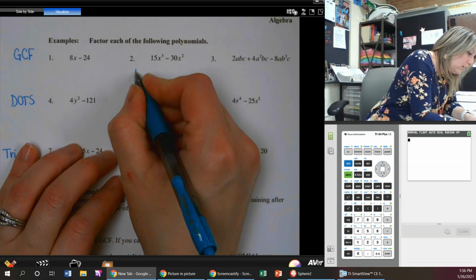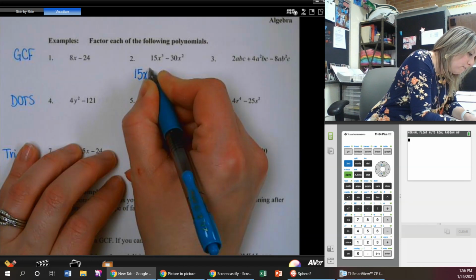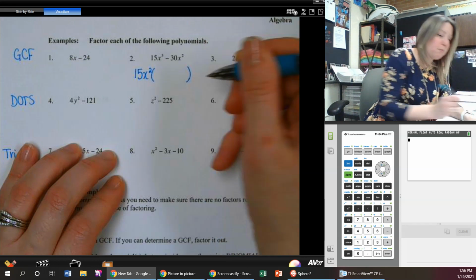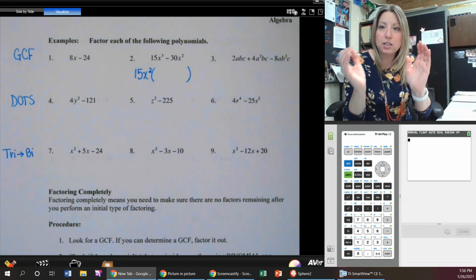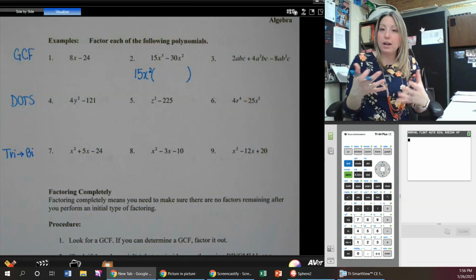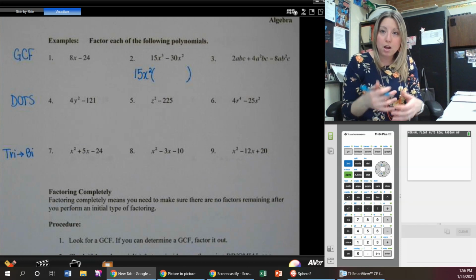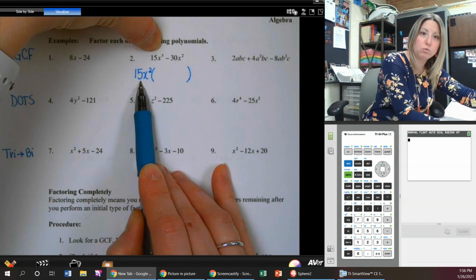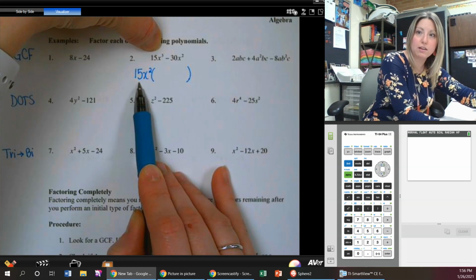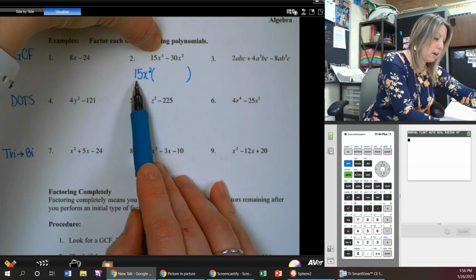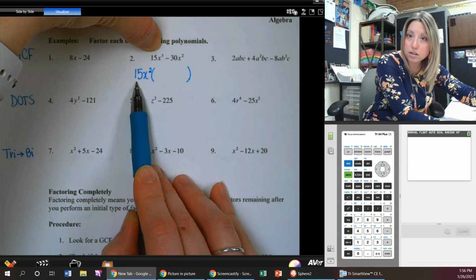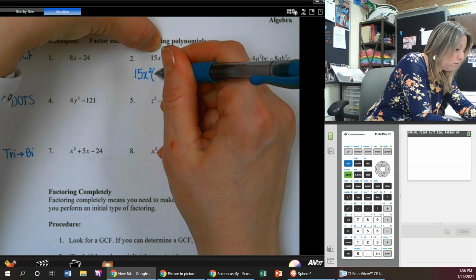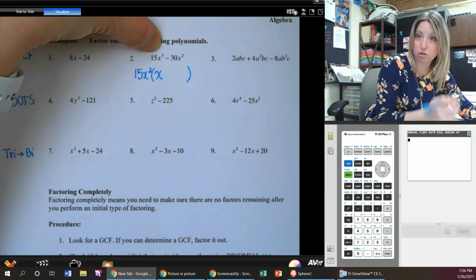So my GCF, my greatest common factor, is 15x squared. And then after I write my GCF, I make an empty set of parentheses behind it where I can put my leftover. My leftover is, take the original polynomial, now divide each term by the GCF. 15 divided by 15 cancels out to a 1. x cubed divided by x squared cancels out to an x to the first, or just an x.